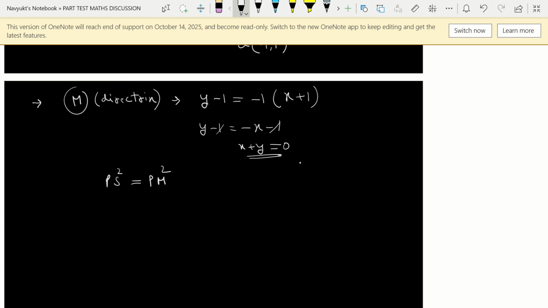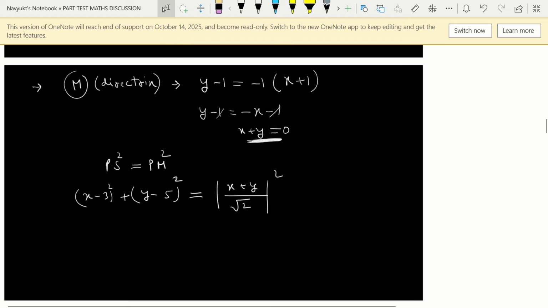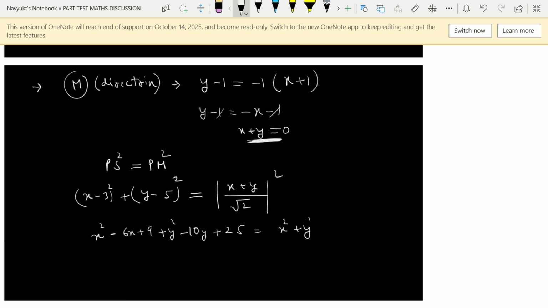So (x minus 3) whole square plus (y minus 5) whole square equals the distance of any general x comma y point from this directrix equation we have found, which would be (x plus y upon root 2) whole square, which gives us the final result as x square minus 6x plus 9 plus y square minus 10y plus 25 equals x square plus y square plus 2xy. The denominator 2 we can send to the other side, right?